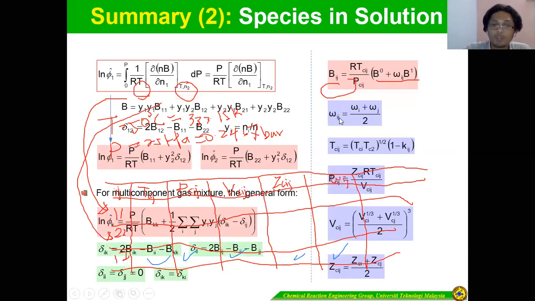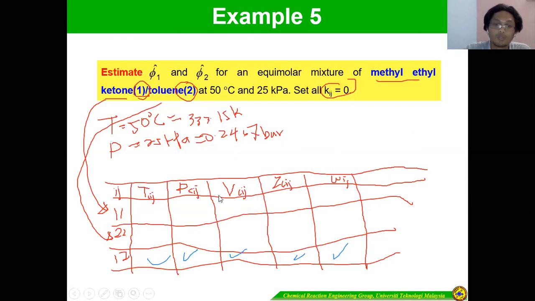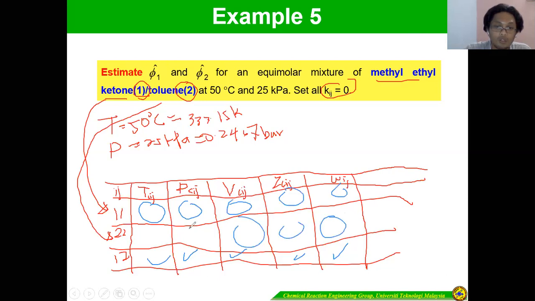That means omega12 equals omega1 plus omega2, with TC12, PC12, VC12, ZC12. Just substitute the values that you obtain from the appendix table for component 1 and component 2. This one you have to calculate.